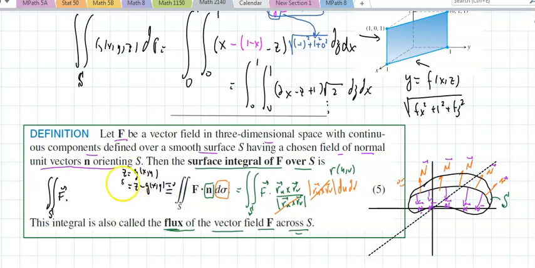Call this f, and here I will take the gradient of f divided by the magnitude of the gradient of f. If you recall, if we're given z as a function of x and y, that's the square root of f sub x squared plus f sub y squared plus 1, which is the magnitude of the gradient, dx dy, depending on how you're looking at that. And there it is, and that's how it works. You could modify those accordingly depending on what you chose, and I'll point that out as we do a couple of problems.